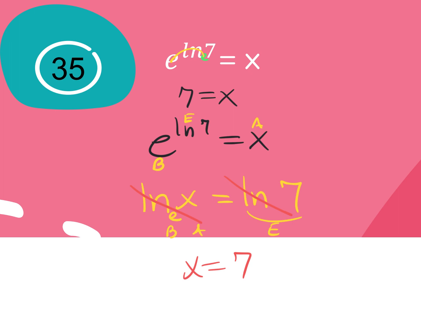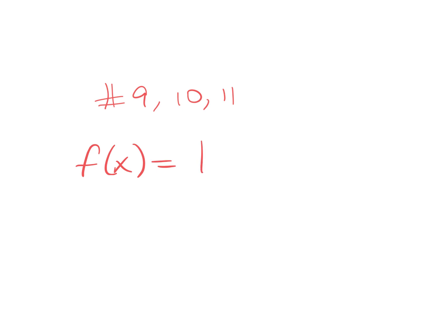Let me show you how to use your calculator. You're going to do 3 questions in the homework where you're going to use your calculator. In the homework tonight, numbers 9, 10, and 11, you're using your calculator. For example, it's going to say f of x equals ln x, and they're going to say find it for the value of x equaling, and it'll be a decimal. All you have to do is go to your calculator and find the button that says ln.